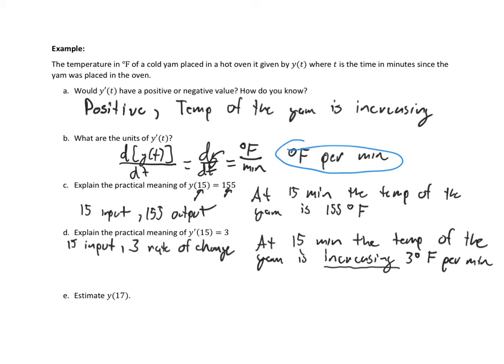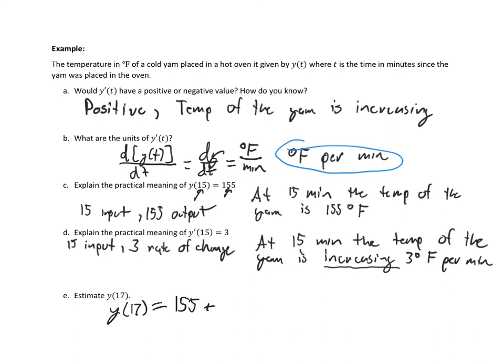So if we wanted to estimate y of 17, that's 2 additional minutes from 15. And we know at 15, the temperature is 155 degrees. Plus, the temperature is increasing from 15 minutes.